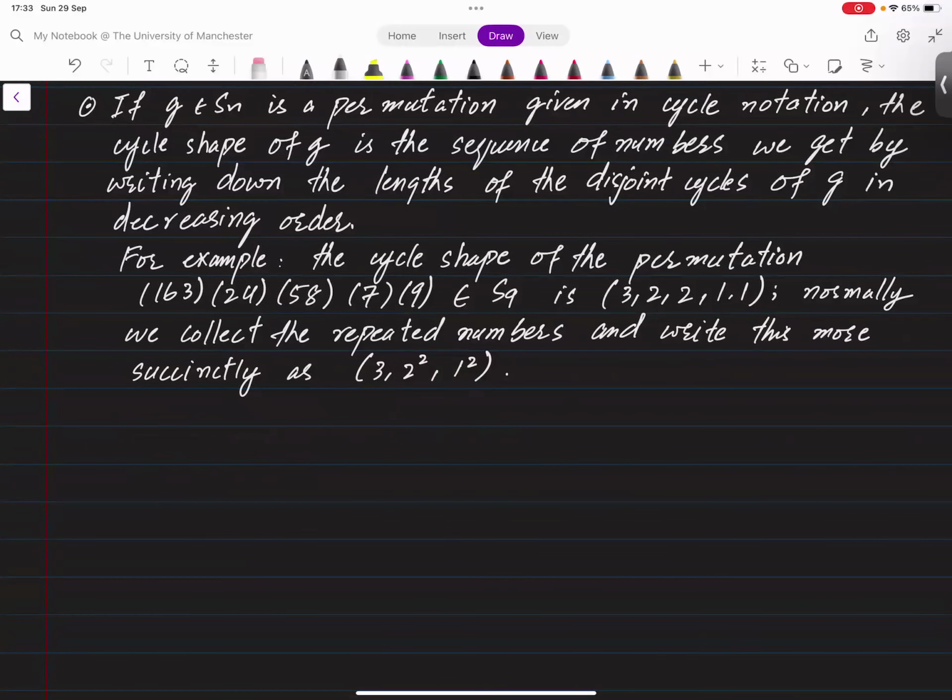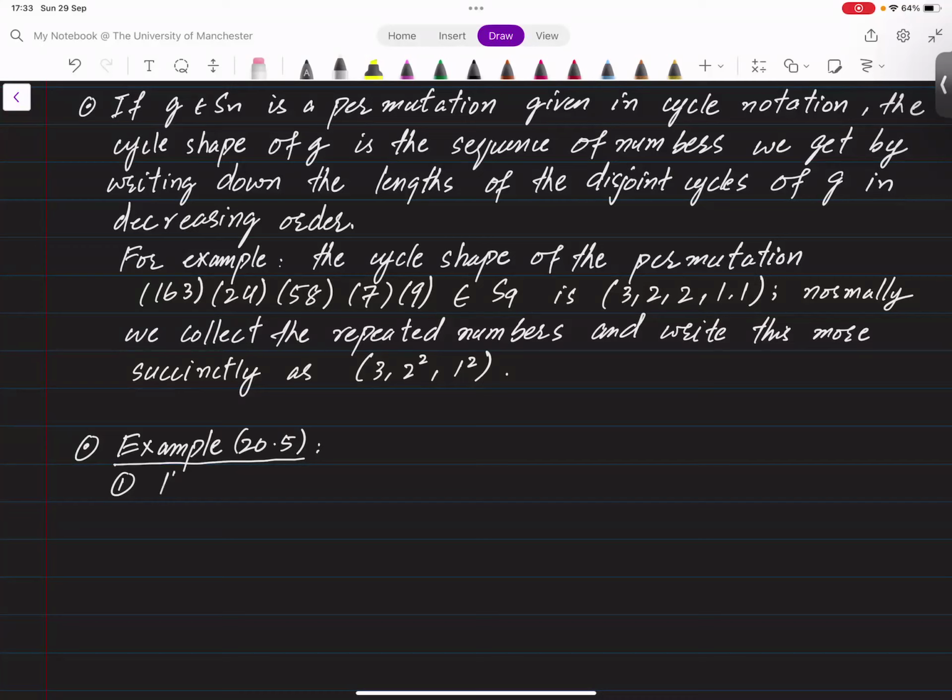Now let's give an example. Number 1: how many permutations of the cycle shape 2 comma 1 power n minus 2 are there in Sn?